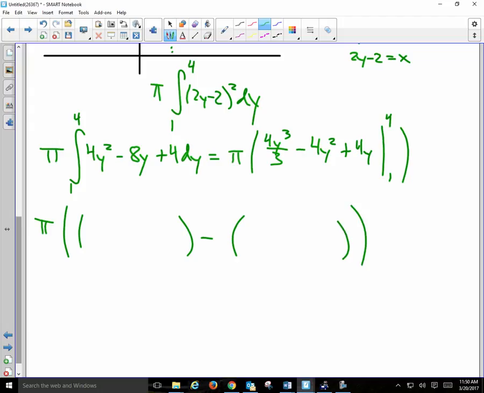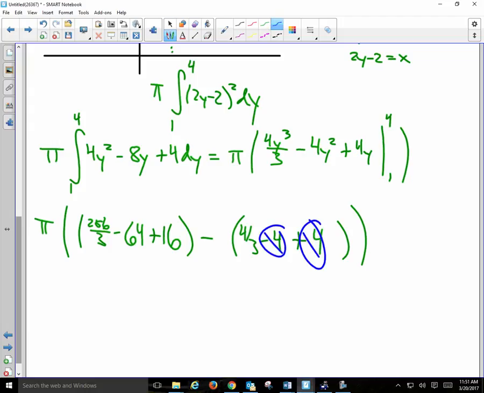All right, 4 to the third times 4 is 256. 256 over 3 minus 64 plus 16. We plug in 1, we get 4/3 minus 4 plus 4. We're going to subtract those two expressions and then multiply by pi. Minus 4 plus 4 goes away.